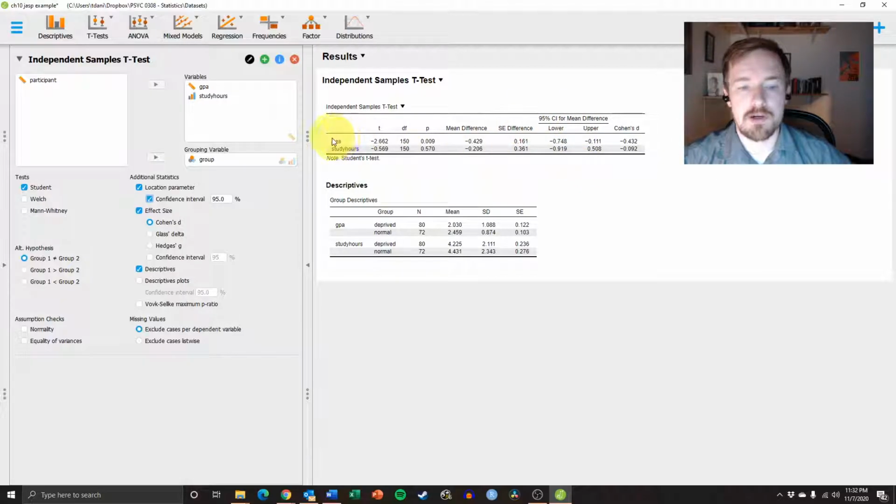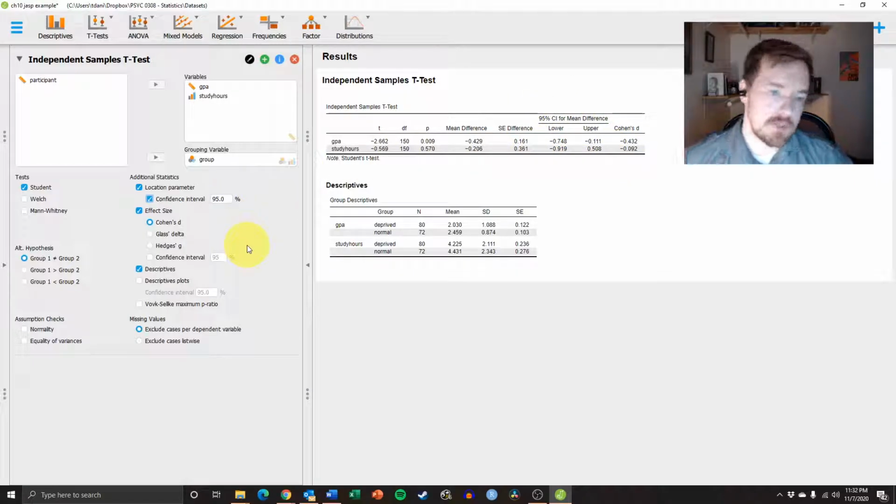But here we are seeing that for GPA 0 does not fall within that confidence interval, whereas for study hours it does, which is reflected in our p-value here. If you like p-values, you don't need to go through all this trouble, but if you don't like p-values, then you can find the confidence interval here.